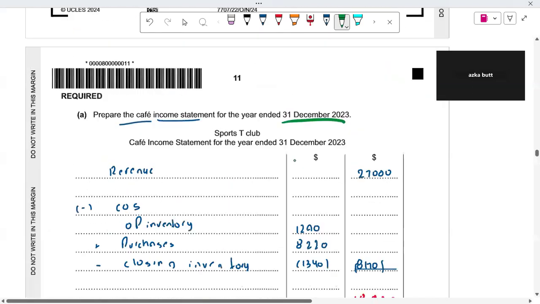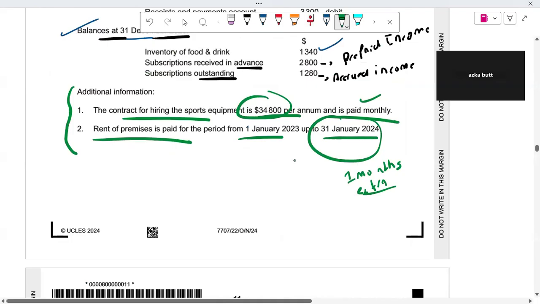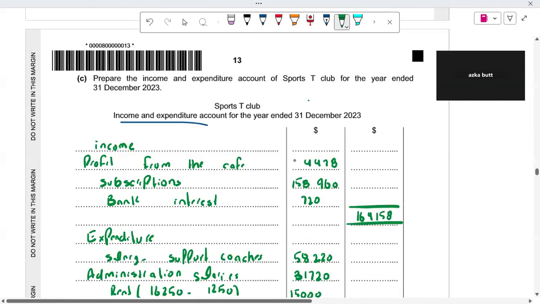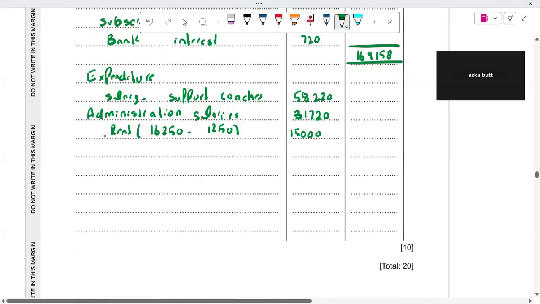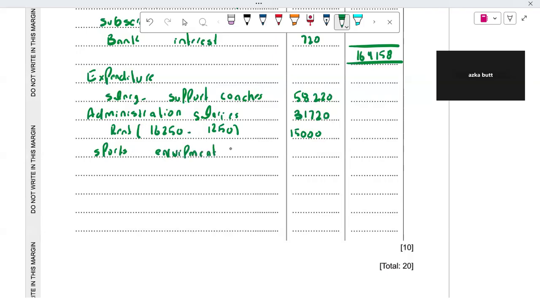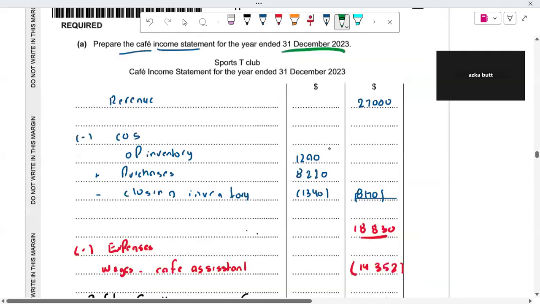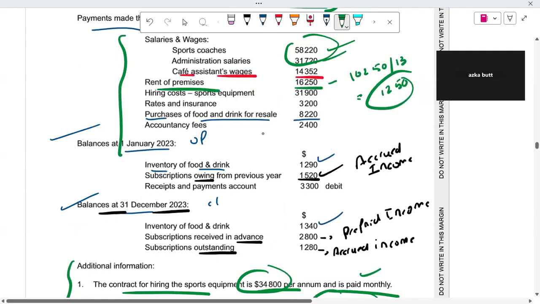And there is one more extra payment, sports and equipment hire, which is 34,800. This is also a part of your expense. Okay, and there's rates and insurance, which is 3,200, and accountancy fees.